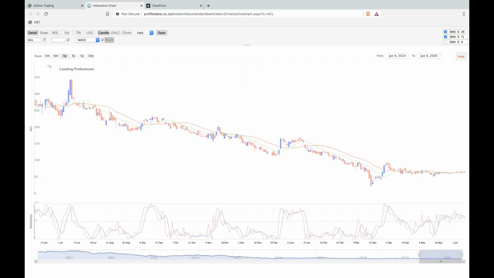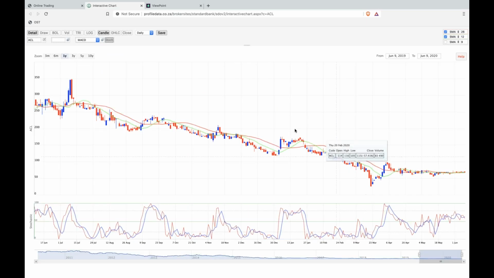And if I simply click on the price chart there, that then takes me into it, loads up the price chart. What's happened here is you will note that I've now got a stochastic down at the bottom, along with the moving averages that are there.